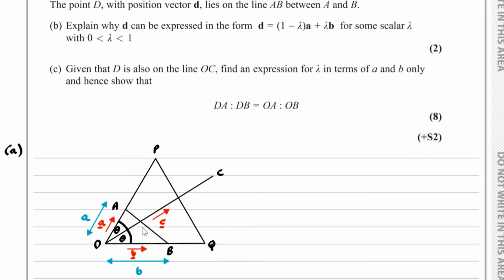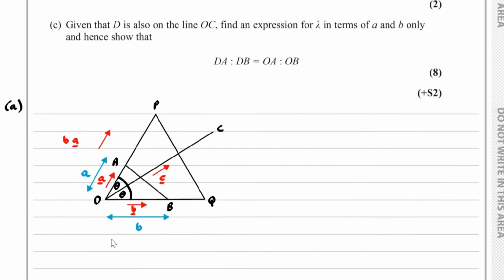So what we are essentially saying here then is the vector OP is equal to b multiplied by a. And the vector OQ is equal to a times by b.